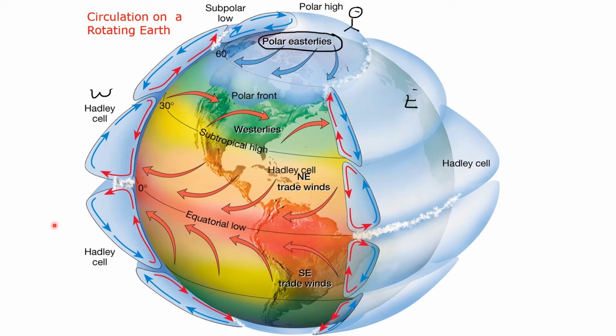Now, what about these winds right here, the westerlies? Only a portion of that air started sinking. The rest of it headed off toward the North Pole. So what happens? It's deflected to the right because it's moving from here. So if we put Stickman here, and Stickman is watching that air move, he would see it's deflected to his right.